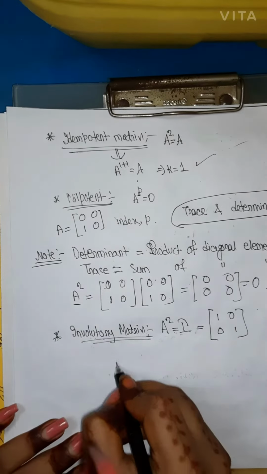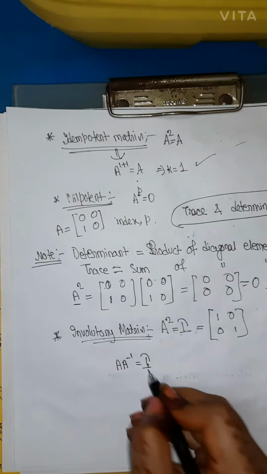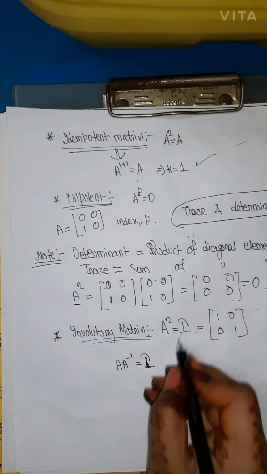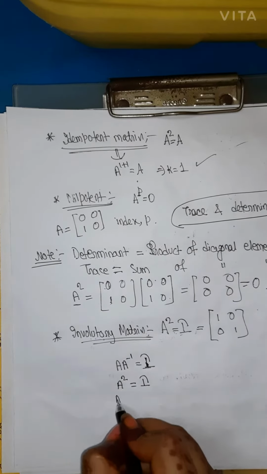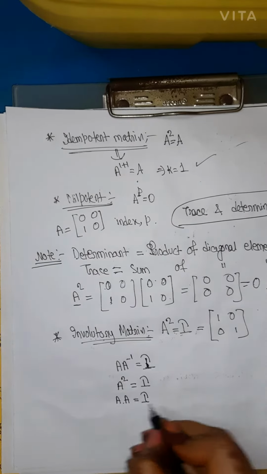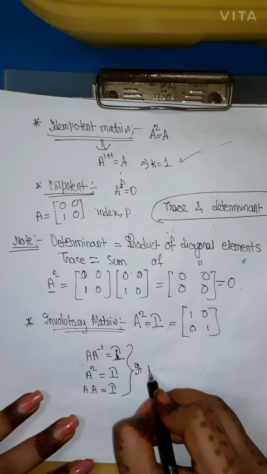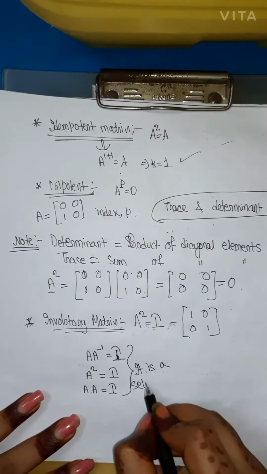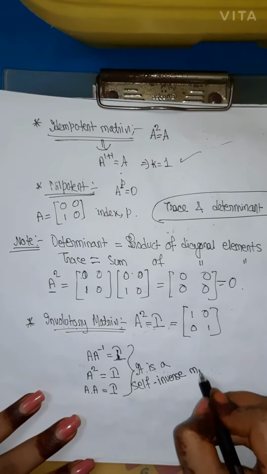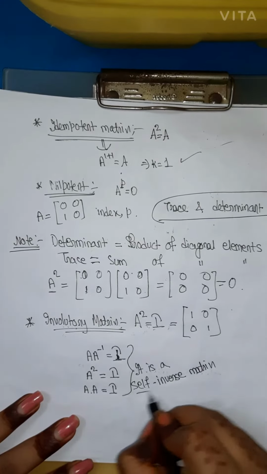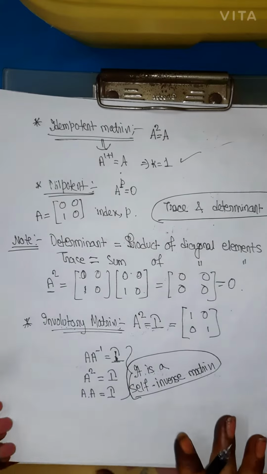And as we know, A inverse is the matrix for which A into A inverse is the identity matrix, and here we have A square equal to identity matrix, which means A into A is equal to identity matrix. So we can conclude that it is a self inverse matrix. This is the condition of an involutory matrix, that is, a self inverse matrix.